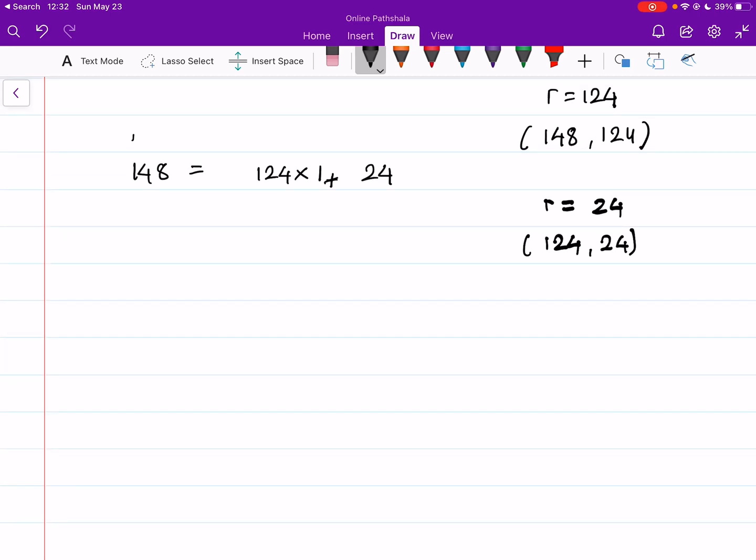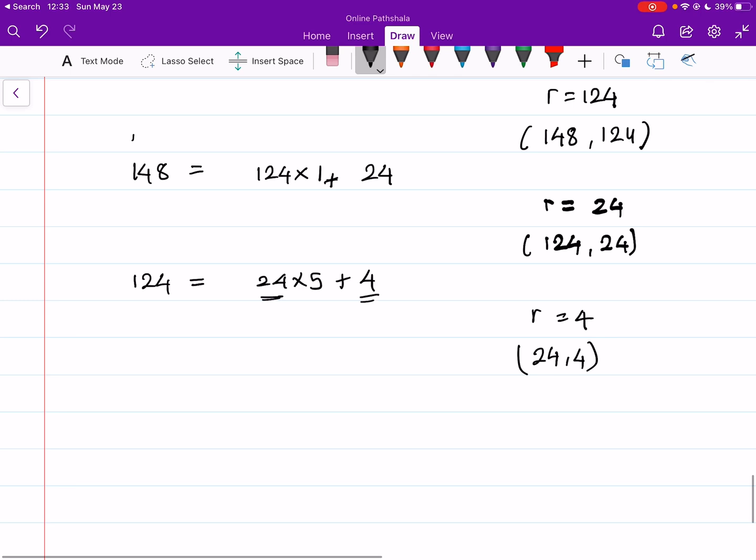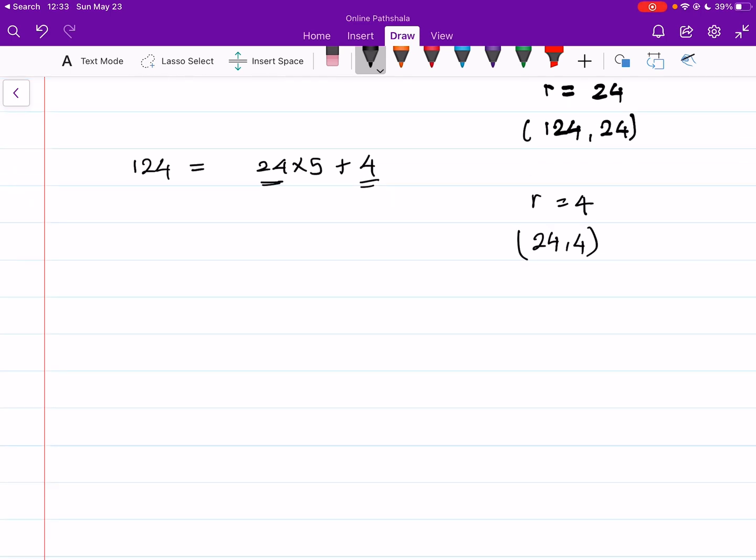So we need to apply the Euclid's division lemma iteratively to 124 and the number 24. So we have 124 equals 24 times 5 plus 4. The remainder R is equal to 4. So we need to apply Euclid's division lemma to the pair of numbers 24 and 4. So we have 24 equals 4 times 6 plus 0.